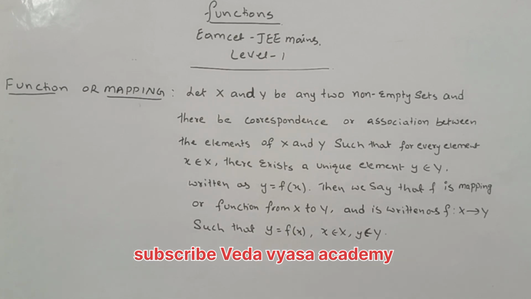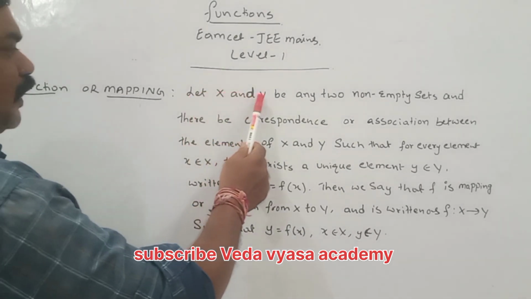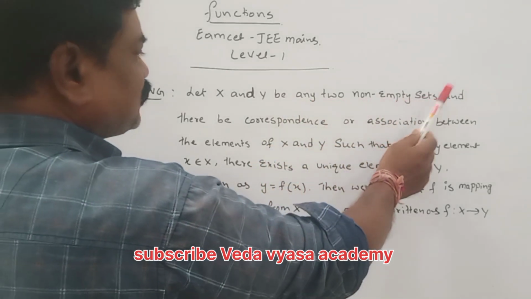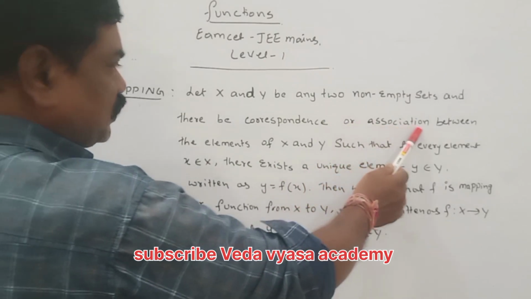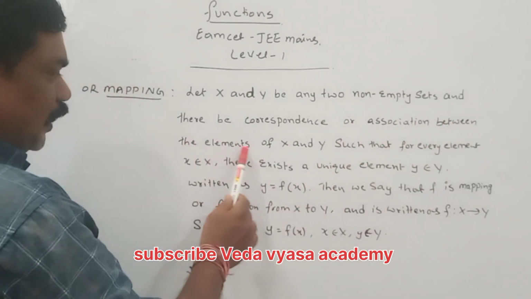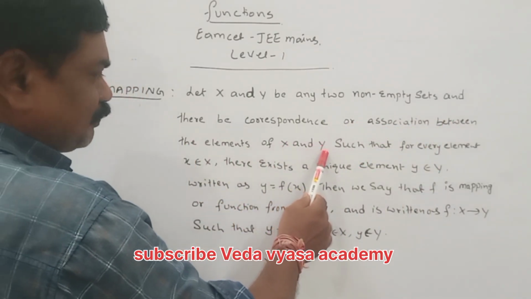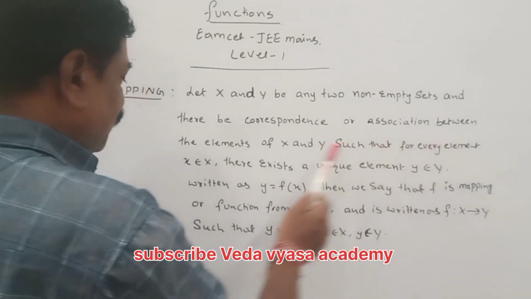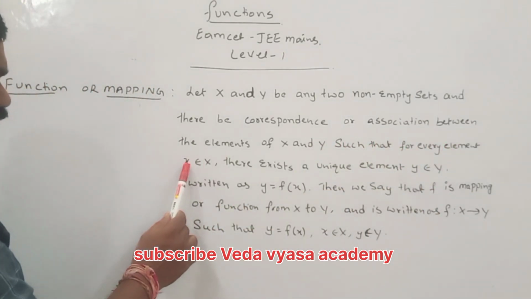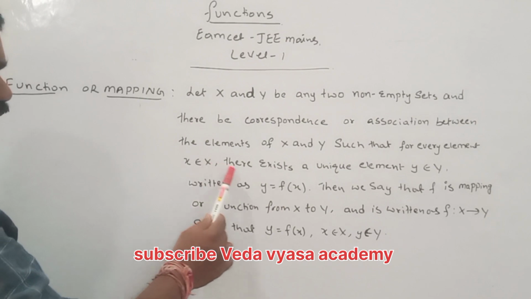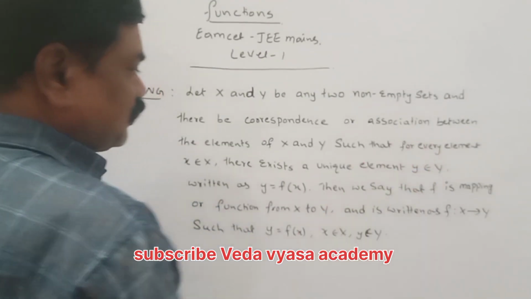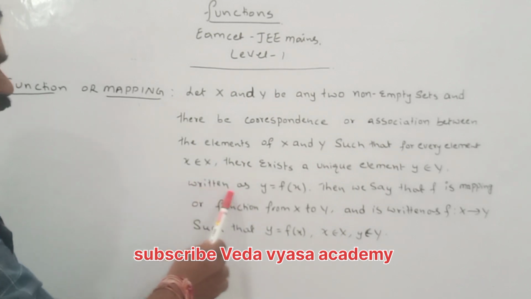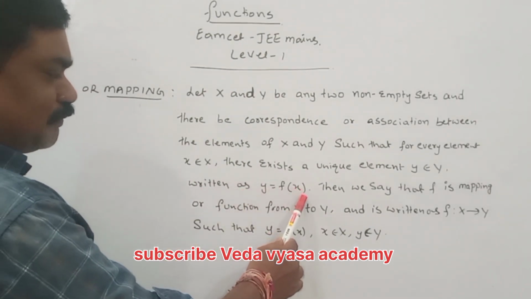Functions. What is a function or mapping? Let X and Y be any two non-empty sets and there be a correspondence or association between the elements of X and Y such that for every element x belonging to capital X, there exists a unique element y belonging to capital Y, written as y is equal to f of x.